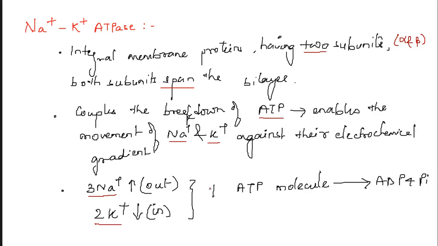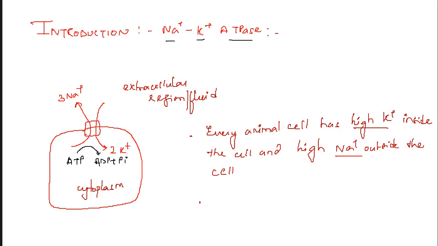When 1 ATP is hydrolyzed, 3 sodium ions are transported out and 2 potassium ions are transported inside the cell. The extracellular fluid is rich in sodium and the inside is rich in potassium.